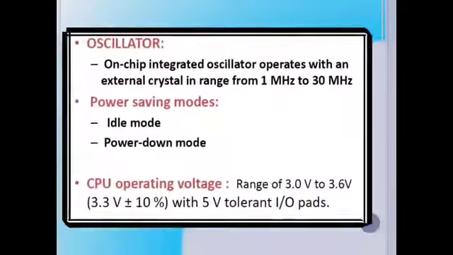The oscillator, as we have already discussed, is an on-chip integrated oscillator that operates with an external crystal in the range of 1 MHz to 30 MHz. For power saving, it has idle mode and power down mode operations, and the CPU operating voltage is 3.0 to 3.6 volts with 5 volt tolerant IO pads.